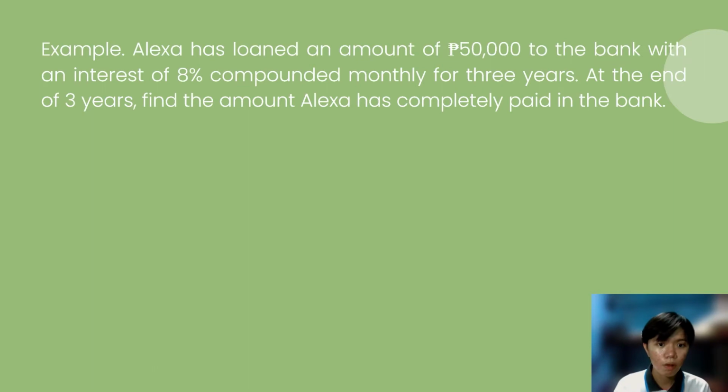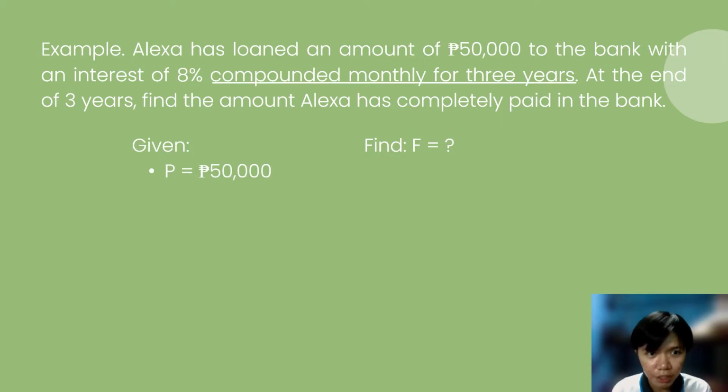Another example, Alexa has loaned an amount of 50,000 pesos to the bank with an interest of 8% compounded monthly for 3 years. At the end of 3 years, find the amount Alexa has completely paid the bank. So in this example, the money is compounded monthly for 3 years. In this case, we divide the interest rate by 12 for the monthly interest rate and multiply the 3 years by 12 for the compounding period.